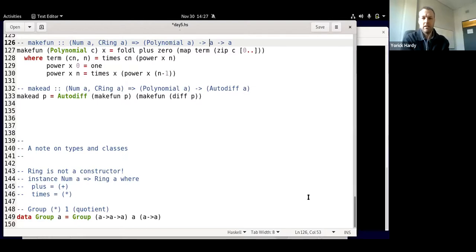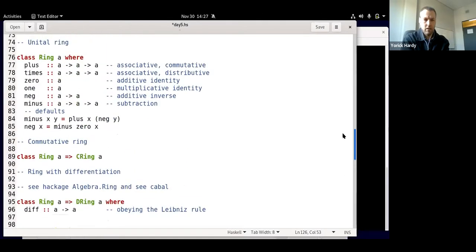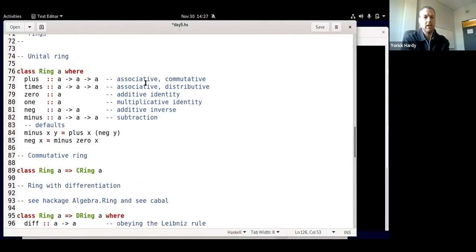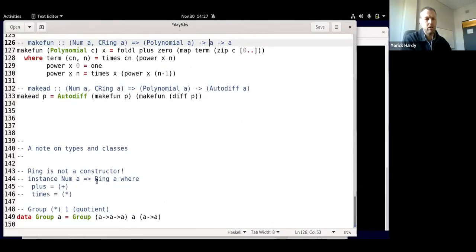But because ring is a class, so it starts with class ring, not data ring, it doesn't have a constructor, and what has to appear on the right is a constructor with from A. So you cannot write this. It feels very natural, but you cannot do it.